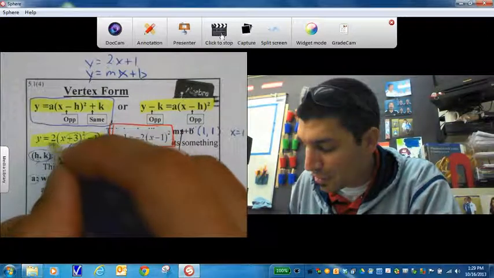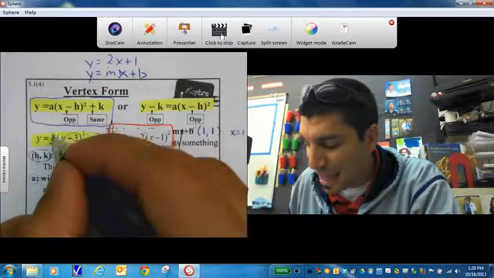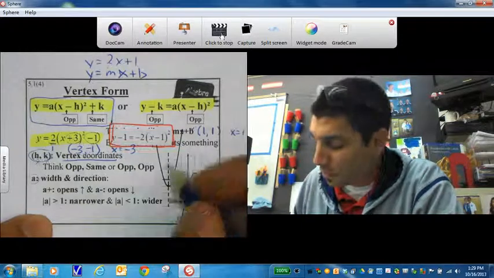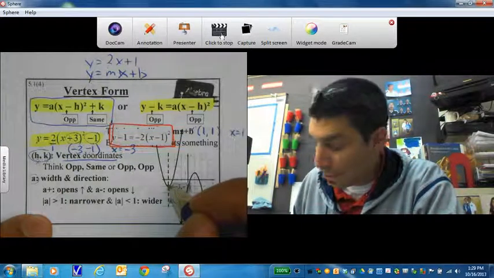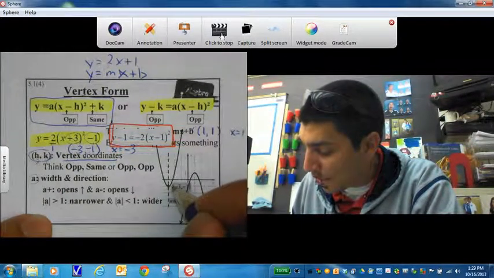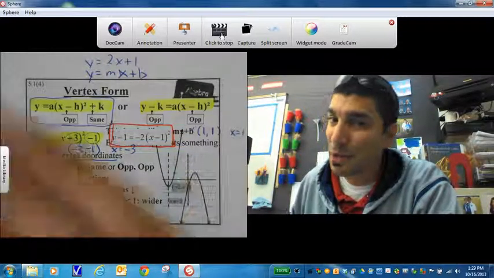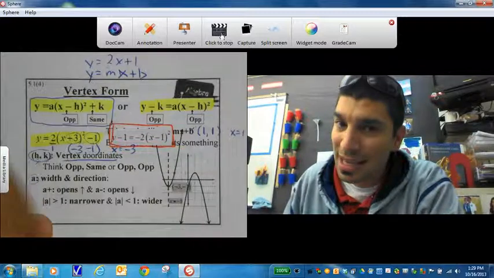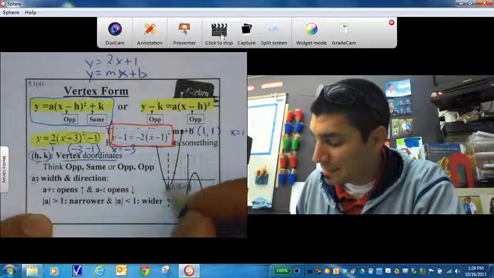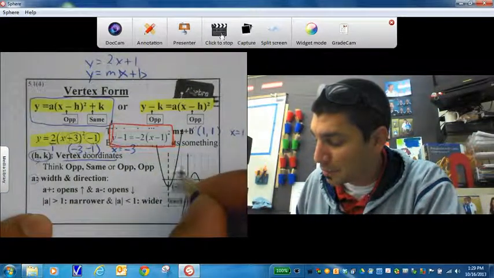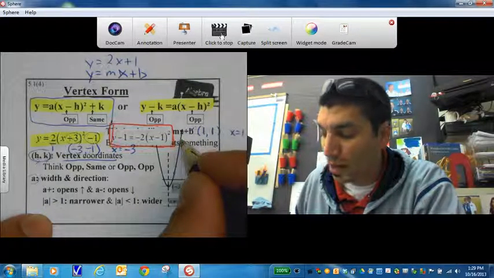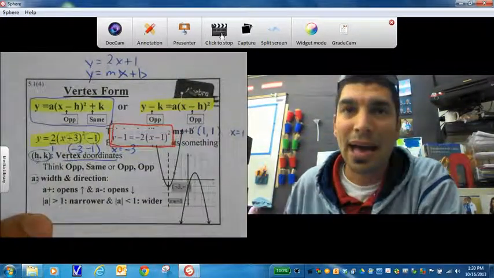It's going to create a skinnier graph, but I can think in my head that it's like 2 over 1. So over here in the graph, it means I'm going to the right 1 and up 2. It doesn't mean that I continue doing that, because that would be a linear slope. It doesn't work that way. What it means is that this is going to double, and then the next one's going to double, and there'll be 4, and it's going to double, and so it compounds every single time.